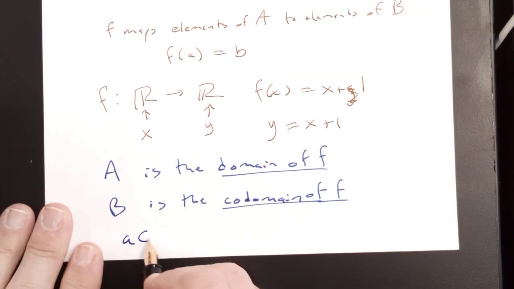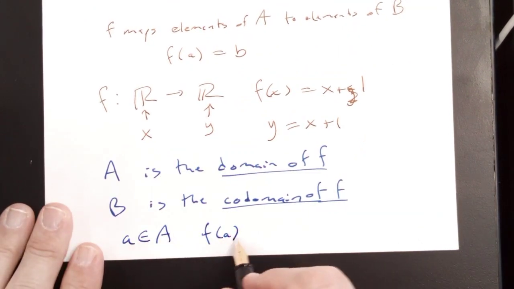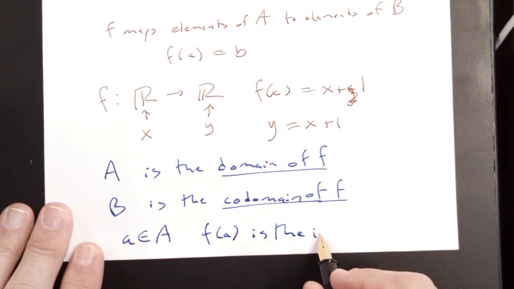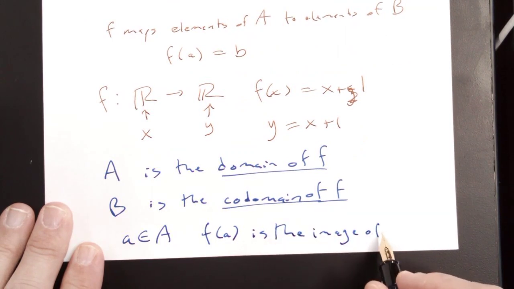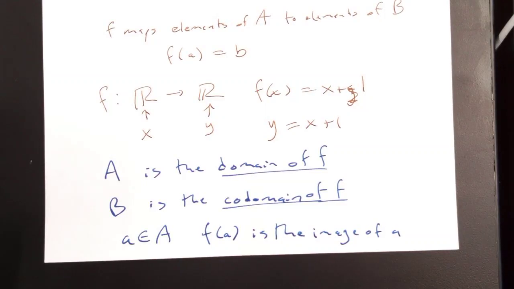So if we have a in A, then f of a is the image of the element a.